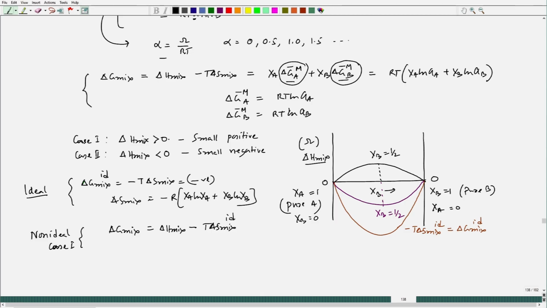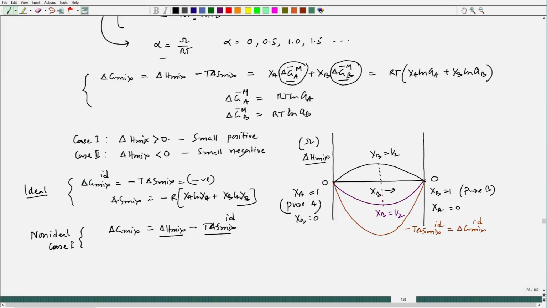Okay. So, if it is small positive and it is symmetric, we will see the second plot, which is coming due to the combination of this del H mix and minus T del S mix.